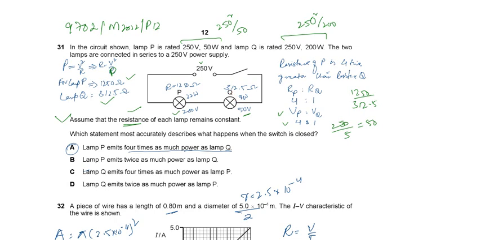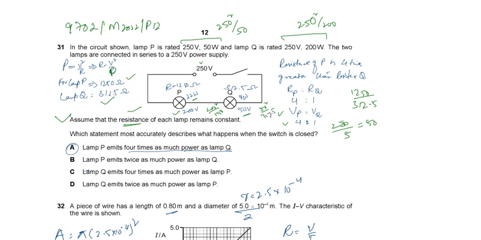Now again, we have 200 volt across the 1250 ohm. V squared over R: the square of 200 divided by 1250 will be 32 watt, and the square of 50 divided by 312.5 will be 8 watt.